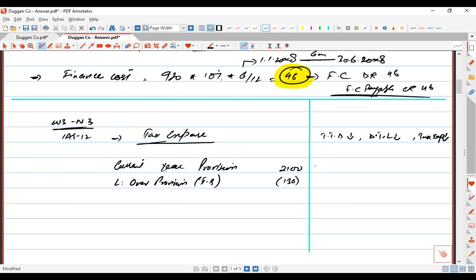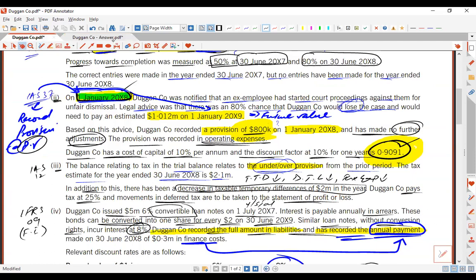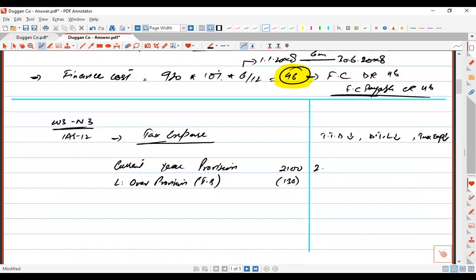By how much? You can see there is a decrease of 2 million. Taxable temporary differences are decreasing by 2000. Resultingly, deferred tax liability would be decreasing by multiplying the tax rate with this amount of 2000. So there is a decrease in deferred tax liability by 500.